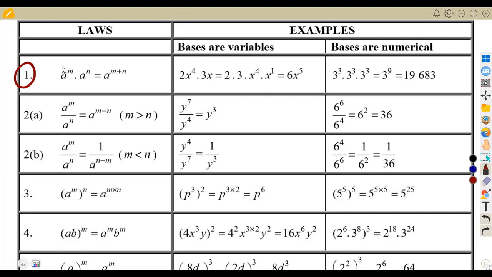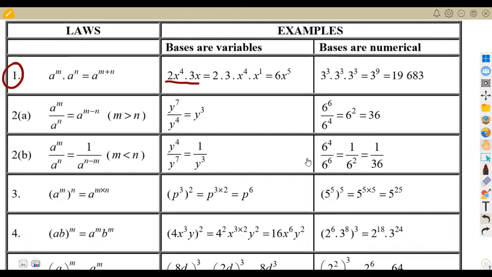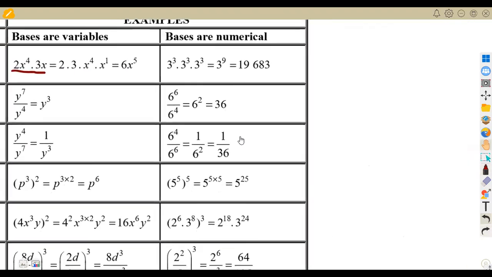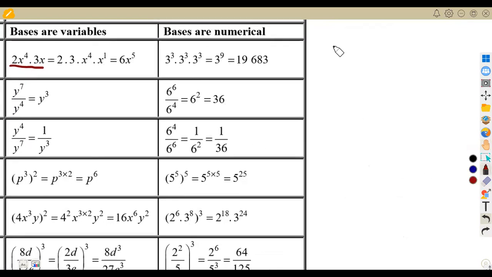So a to the exponent of m multiplied by a to the exponent of n, you add your exponents. Let us just take an example.